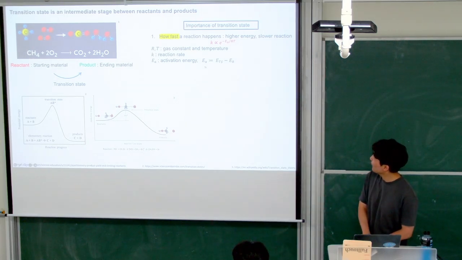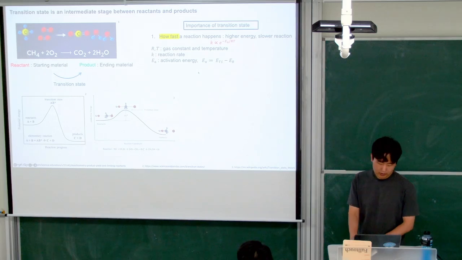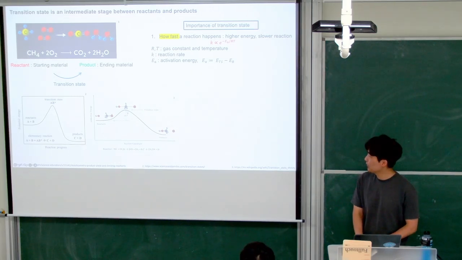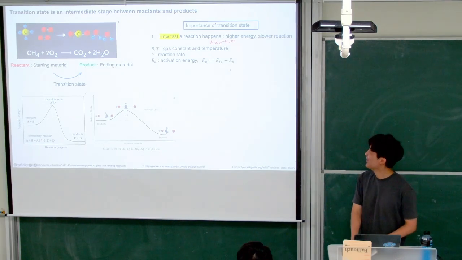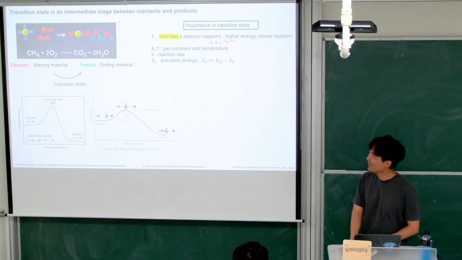Okay, this is not important to our lecture, so I will just quickly mention it. If we measure this energy gap, which is the energy of the transition state minus the energy of the reactant, we can know the speed of the reaction. Is it right? Maybe.